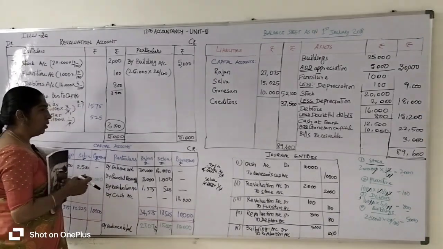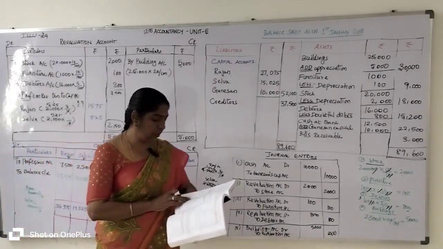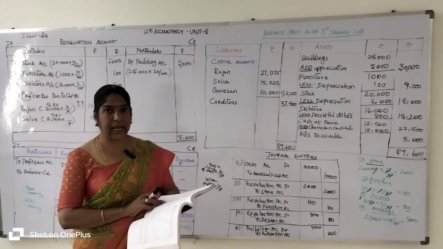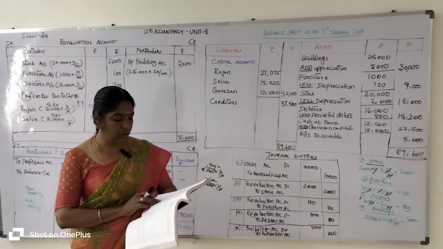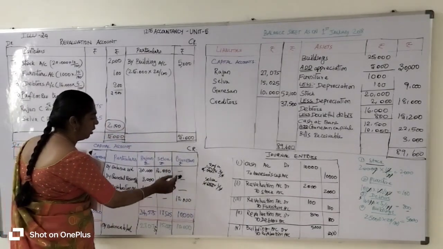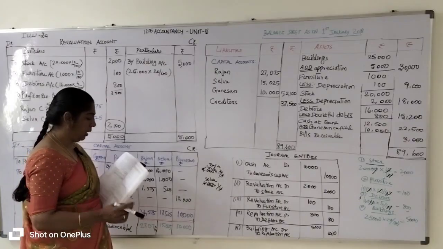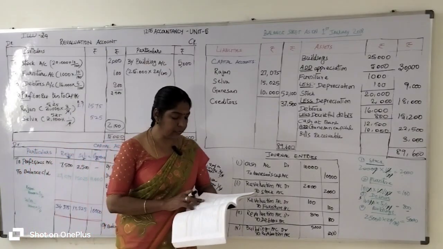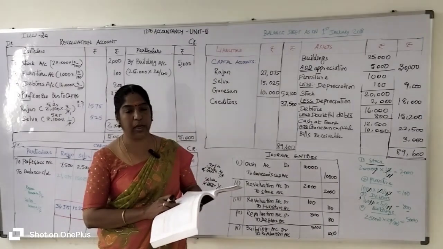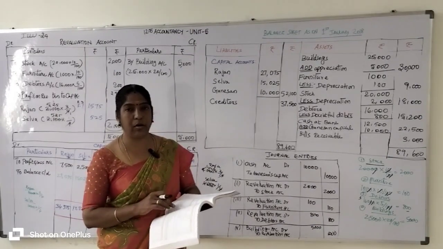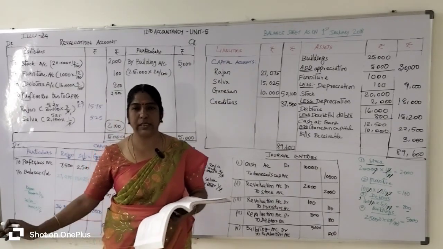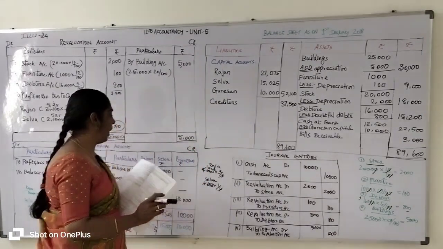Then the new partner, Ganesan, brings cash as capital at the time of admission. So 10,000 rupees cash is entered in Ganesan's column. Then on the asset side of the balance sheet, the question gives profit and loss of 10,000 rupees. Profit and loss on the asset side is considered a loss, and losses are always entered on the debit side of the capital account.